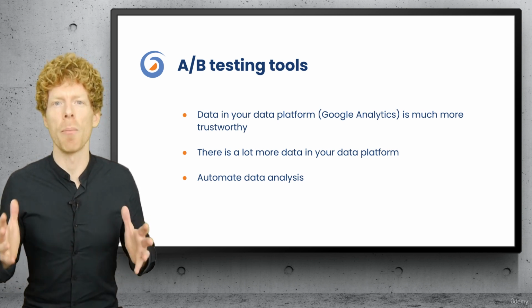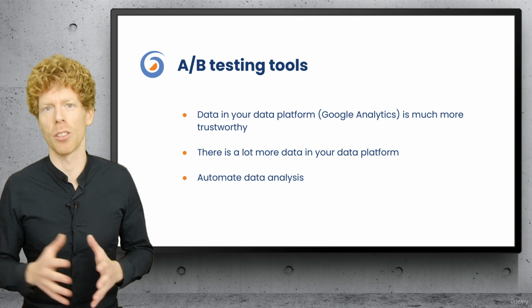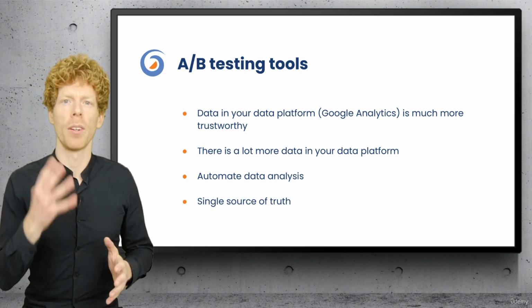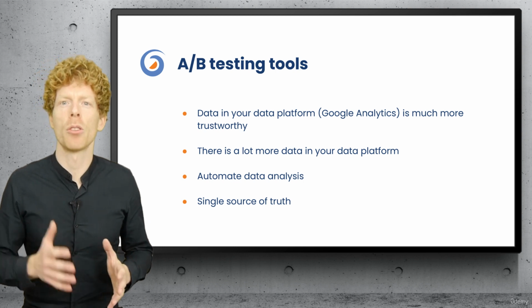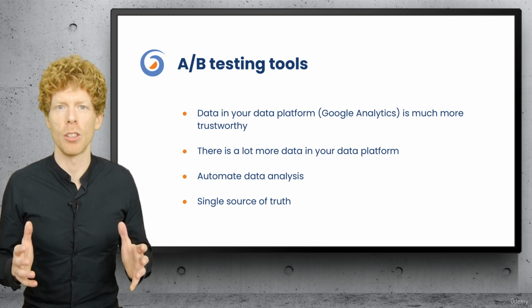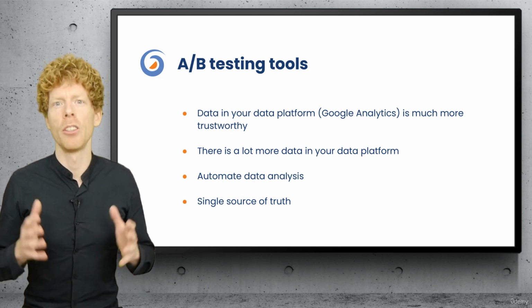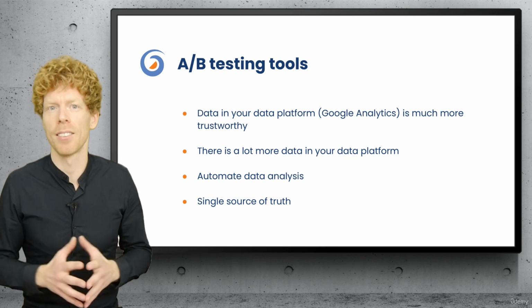Third, you can automate data analysis, as we will do later on in this course. And fourth, you want one source of truth. If you start using more sources for your data, you will find some differences between the data. So your testing tool might state something different than your analytics.